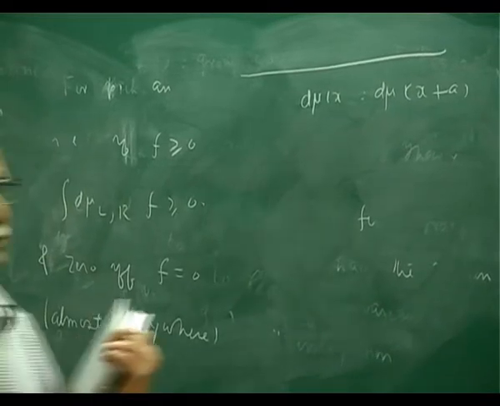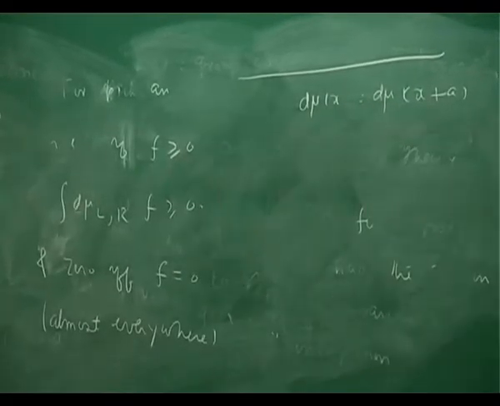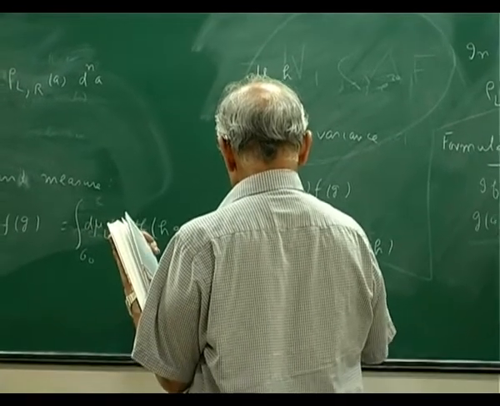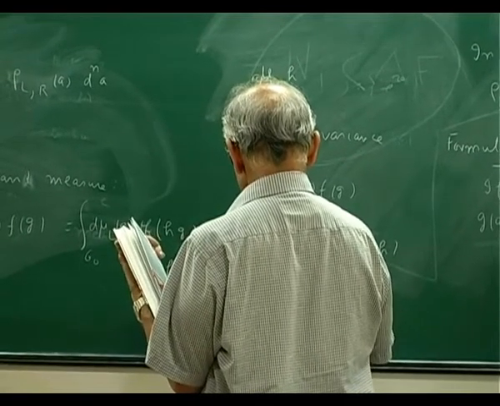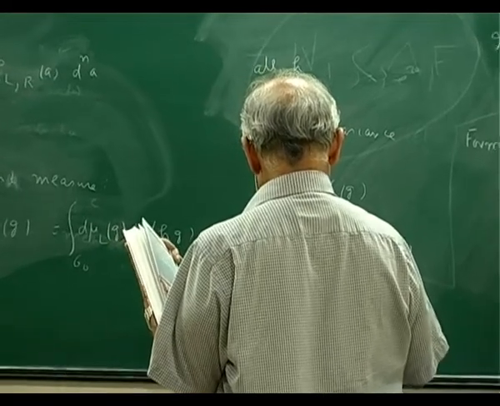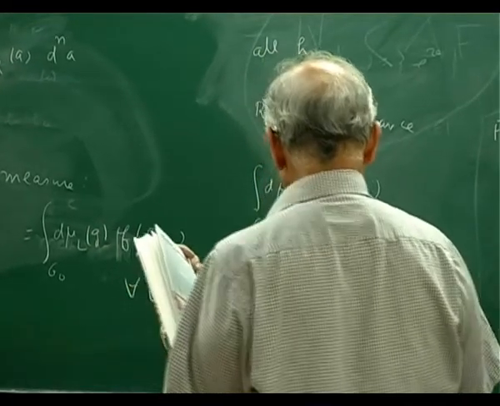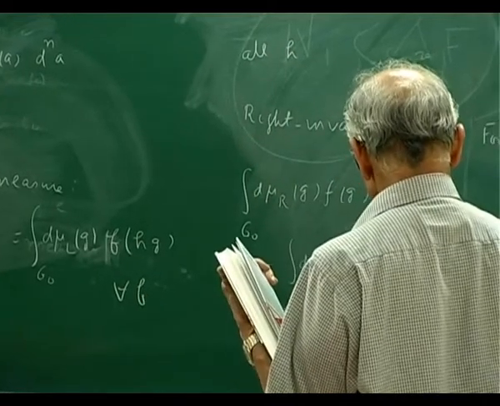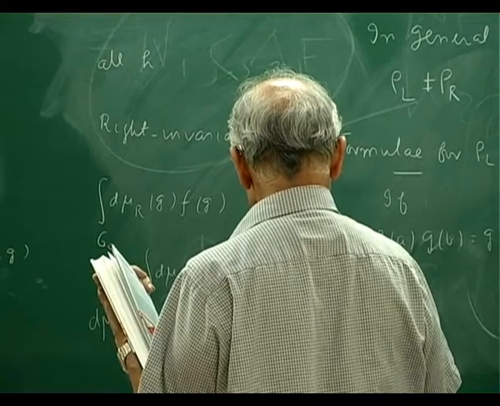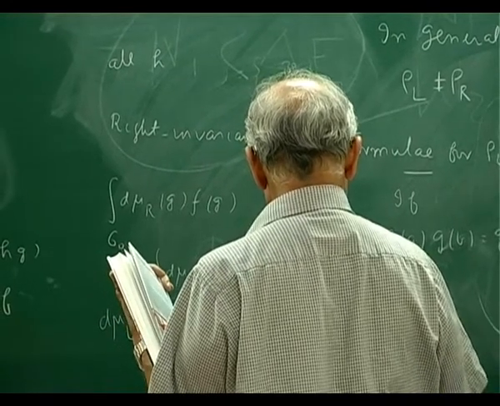Okay. Here also, what this means, this equation here, can be written as d mu L of G0G is d mu L of G, and likewise I can say d mu L R of GH is d mu R G. Okay.